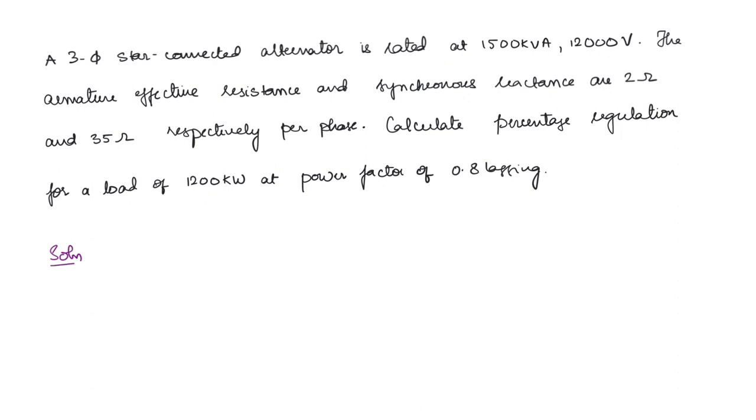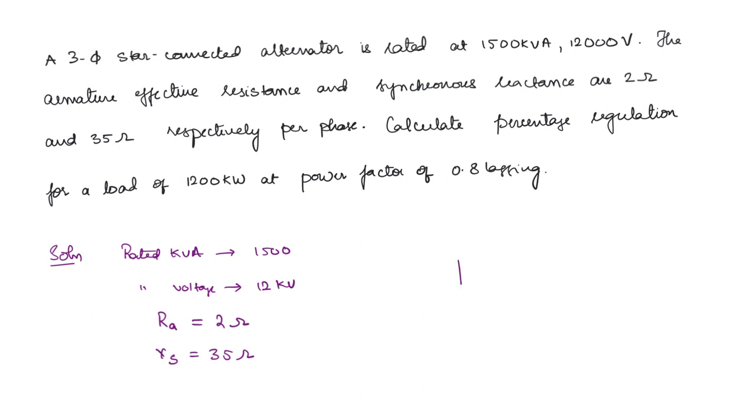The rated kVA is given as 1500. The rated voltage is 12 kilovolt. Then the armature effective resistance is given as 2 ohms, and the synchronous reactance is 35 ohm. These are all per phase values.